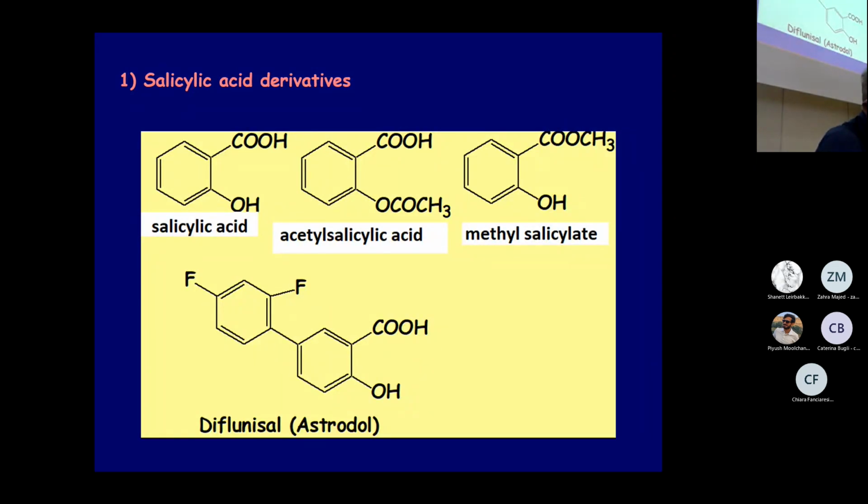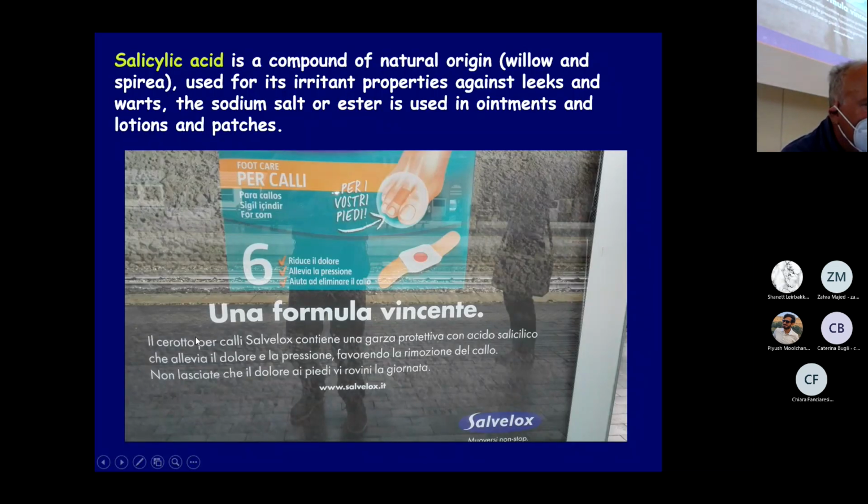In particular, if you have this type of problem, I don't know the name in English of callo. Okay, against corns and warts, you see. You can use a plaster with salicylic acid inside, and you can apply the plaster directly to your toes, and for corn, this is the exact name.